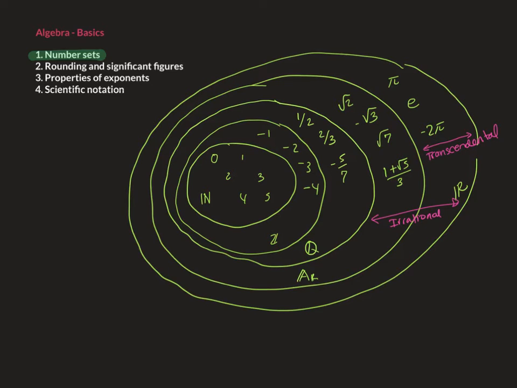So to summarize, we have 5 sets of numbers that are contained into each other. The natural set of numbers is the smallest one and is contained into the integer set, and the integer set is contained into the rational set, and the rational set is contained into the algebraic real number set, and the algebraic real number set is contained inside the real numbers set.